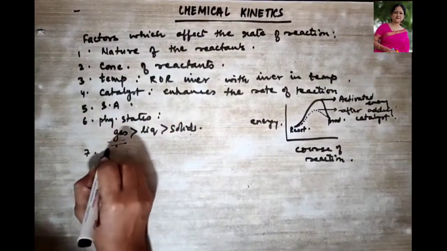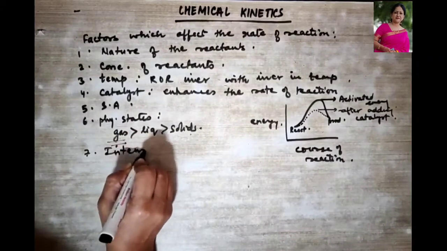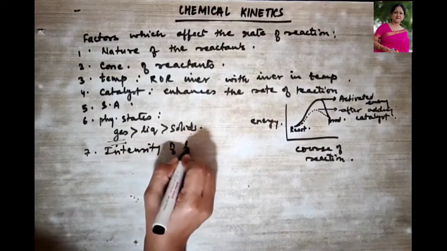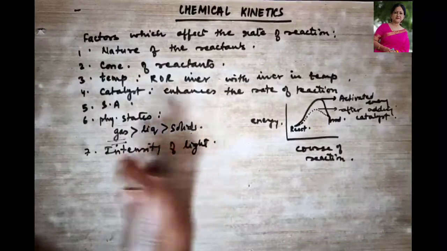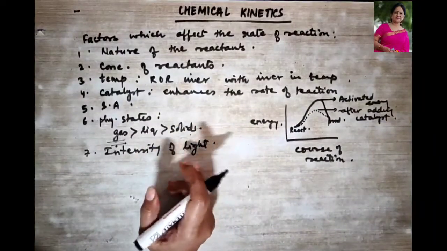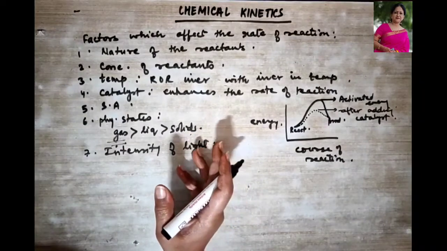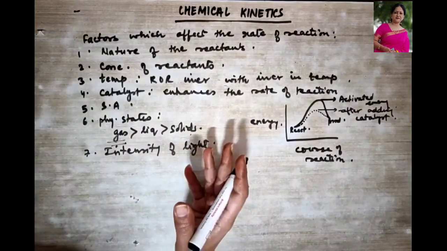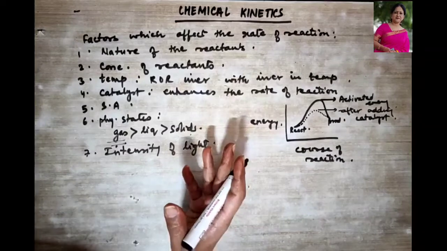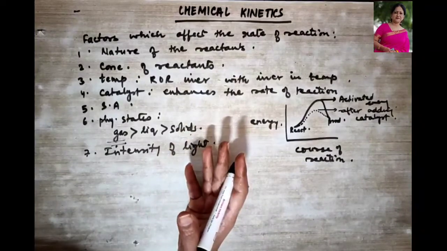Then seventh point, intensity of light. Certain reactions like photochemical reactions are highly sensitive towards light. They are called photochemical reactions or photosensitive reactions.